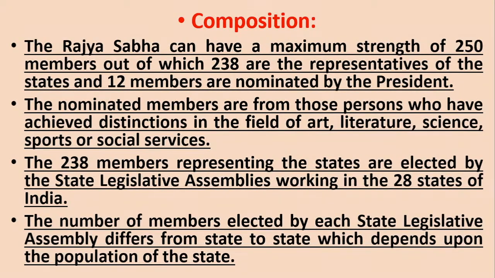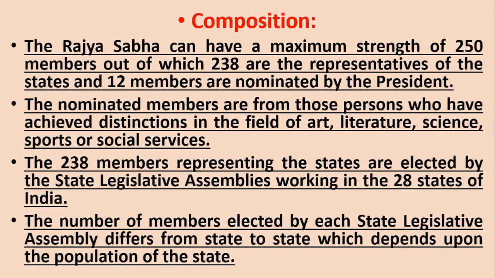President himself will nominate them. The nominated members are from those persons who have achieved distinctions in the field of art, literature, science, sports, or social services. Means these are the categories on behalf of which the members are selected to be the members of Rajya Sabha. It's a sort of honoring them.